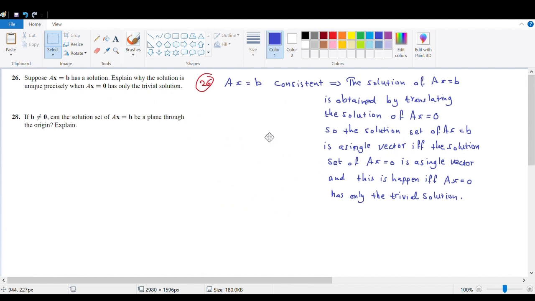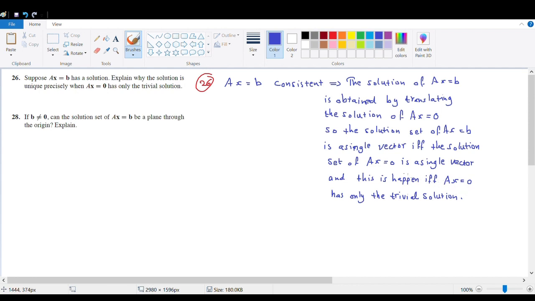If Ax = b is consistent, the solution of Ax = b is obtained by translating the solution of Ax = 0. So the solution set of Ax = b is a single vector, which is unique, if and only if the solution set of Ax = 0 is a single vector, that is, if and only if Ax = 0 has only the trivial solution.